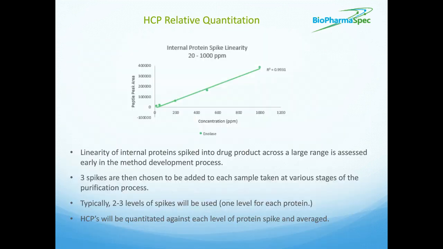So after we've done our identification, we can go back and do our relative quantitation. So for this, we'll initially assess the linearity of our internal protein spikes across a large range. In this case, we did 20 parts per million to 1,000 parts per million. We'll spike in 2 or 3 levels of various levels and quantitate each host cell protein against our spiked-in level.